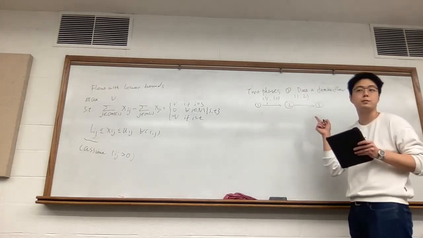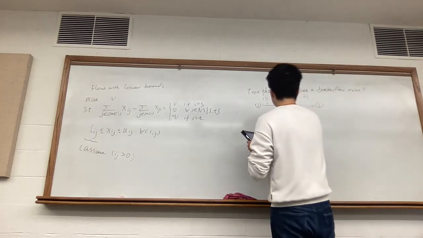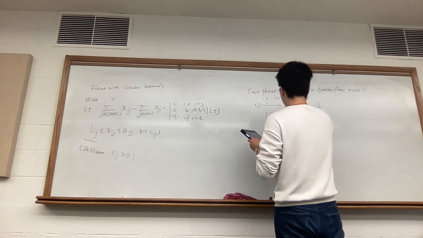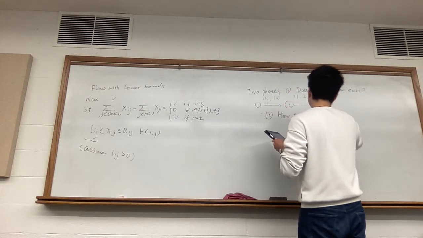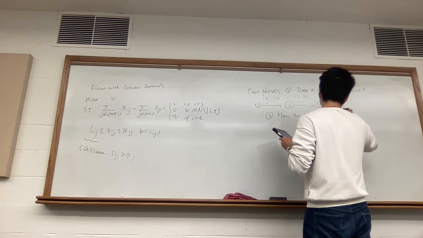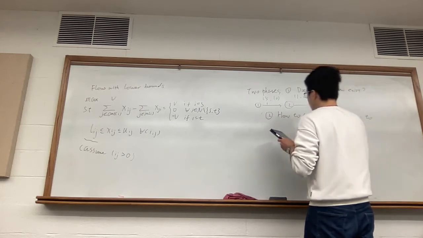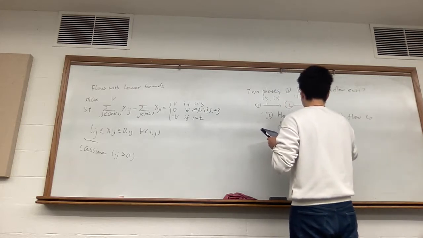Then there's no feasible flow, right? This is very straightforward. So the second question is how to convert a feasible flow to a feasible max flow.